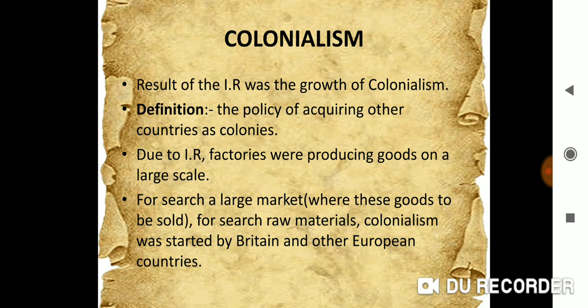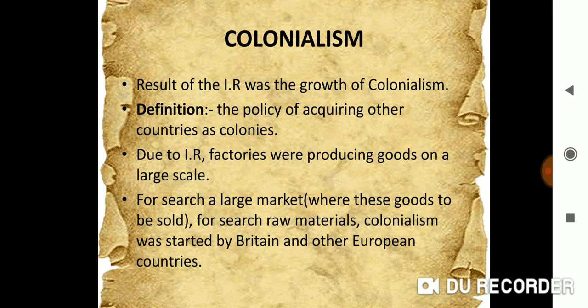So at first, who started colonialism? Britain started, and after that all other European countries started the colonialism system. So why did colonialism start? Due to the Industrial Revolution. Why? Because due to the Industrial Revolution, the production increased. Large scale production happened.